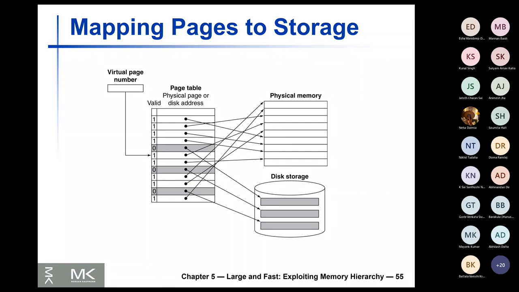I will not go into that because some complications are there. But essentially, this is a simplistic diagram of the role played by a page table. A page table is a very important piece of information where, using the virtual page number as an index, you find out the physical page number. Here physical memory means the DRAM, the actual available DRAM, and from there you can get the data.